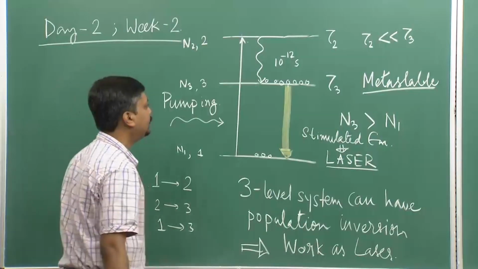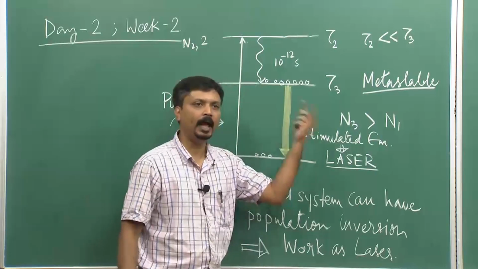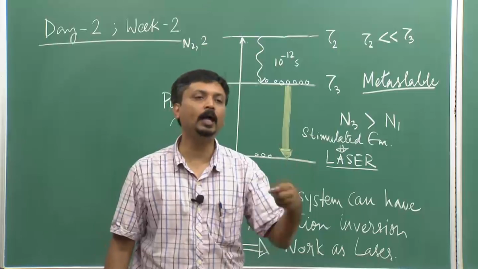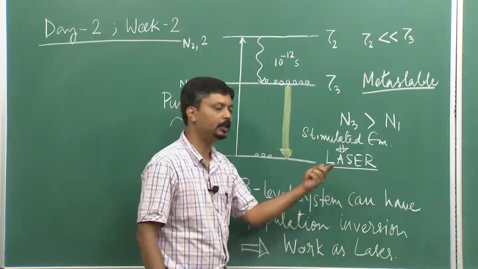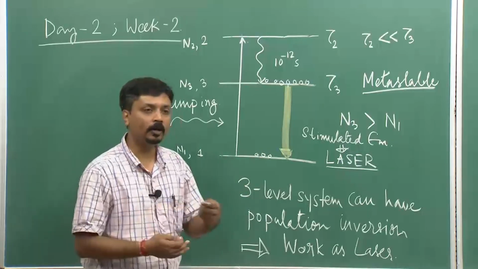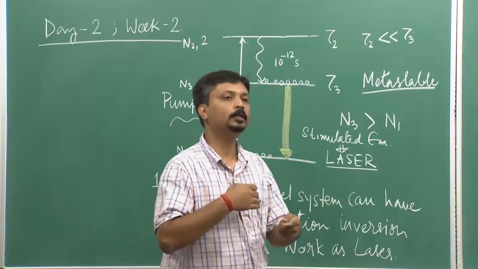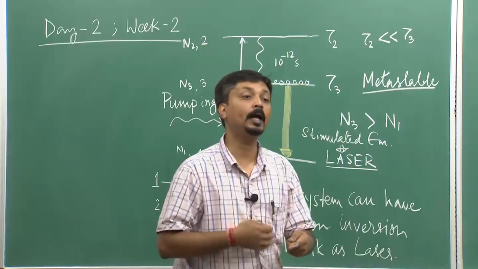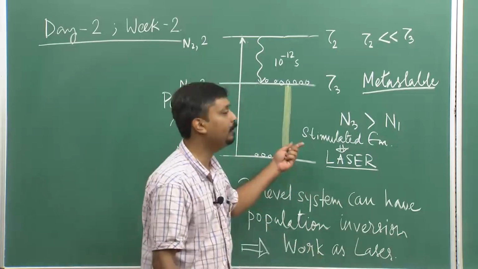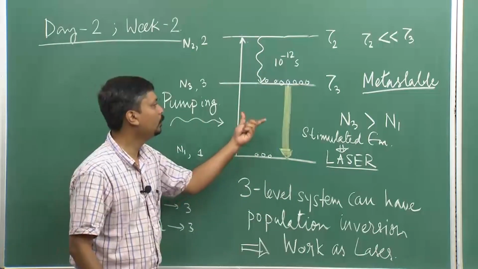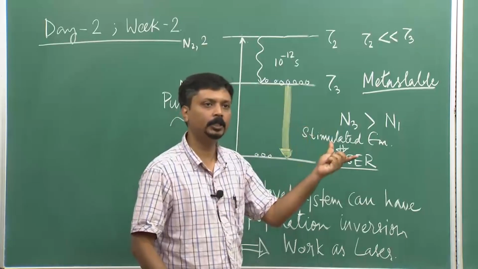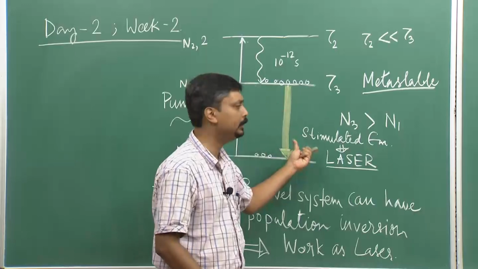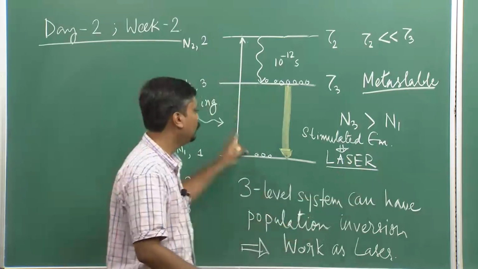So I can see that we can have stimulated emission, right. My aim is to amplify this stimulated emission. So in order to amplify the stimulated emission, that means we have to overcome the spontaneous emission, we have to overcome the absorption, then only I can have a net gain. So we will have an amplification of stimulated emission, and it is in optical frequency, and we call it laser.